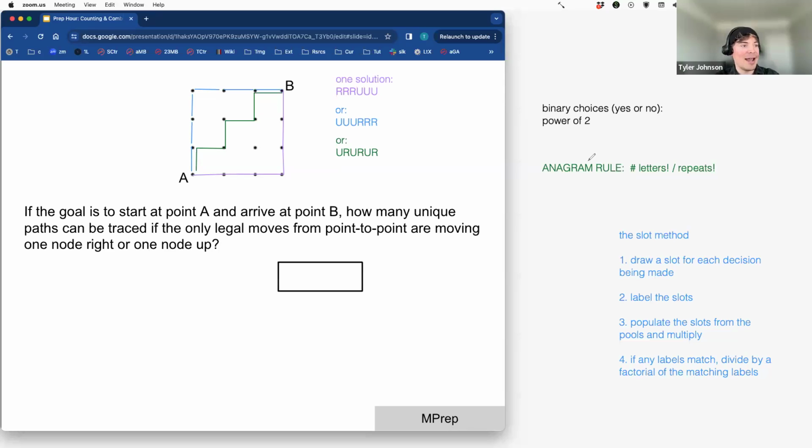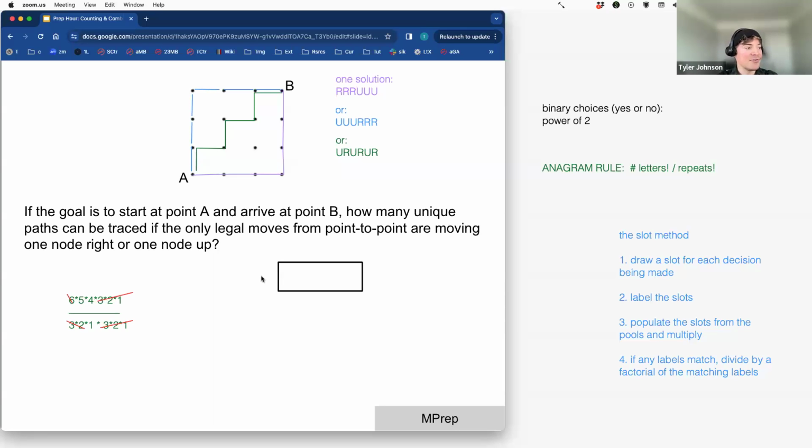So applying my anagram logic, the number of letters here, we have 6 of them. So I have 6 factorial in my numerator. And then my repeats, I have 3 U's and 3 R's. So I should divide by 3 factorial and another 3 factorial. So one of those cancels cleanly. I can cancel that 3 and 2 with that 6.